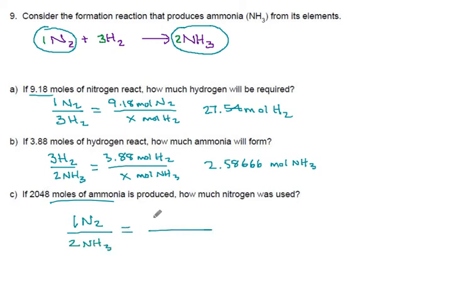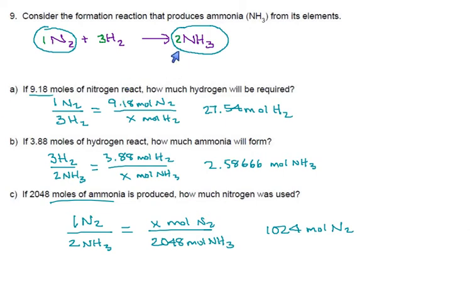And now they're saying we have 2,048 moles of ammonia. That goes on the bottom because my ammonias have to line up. And upstairs we'll get an unknown amount of nitrogen because our nitrogens have to line up. If you cross multiply that, it's 1 times 2048 divided by 2, which gives 1024 moles of nitrogen.